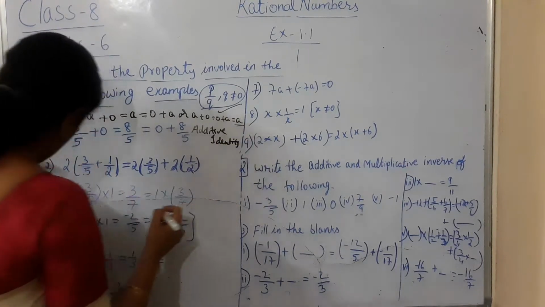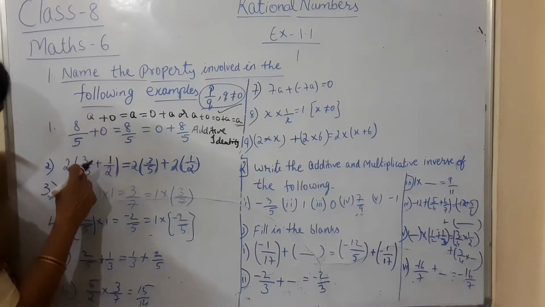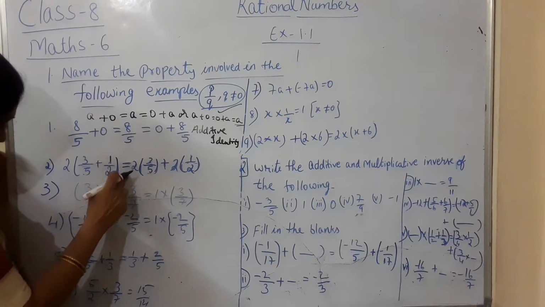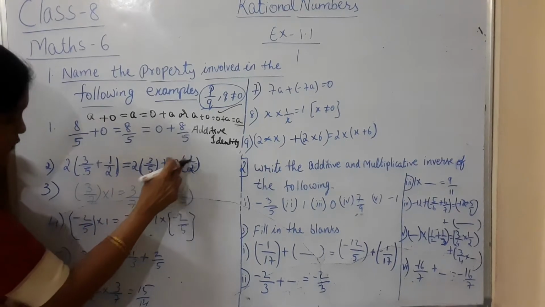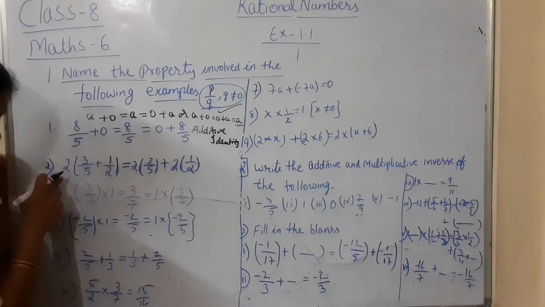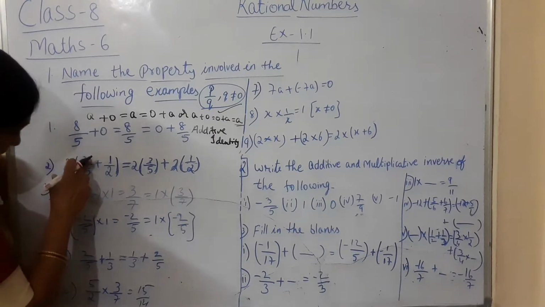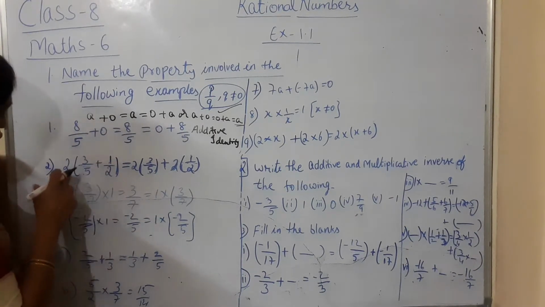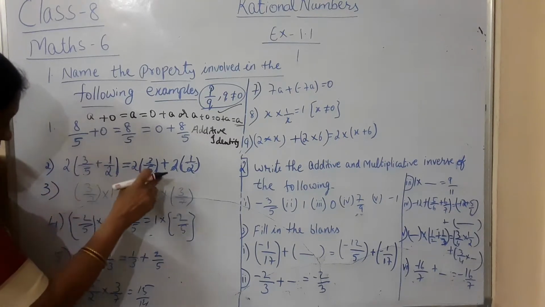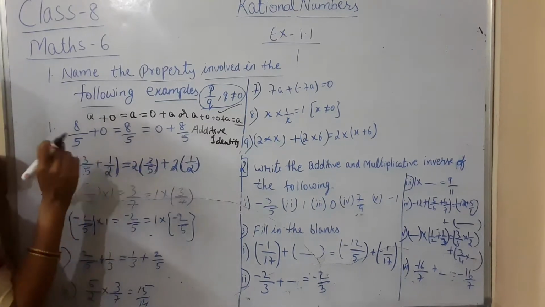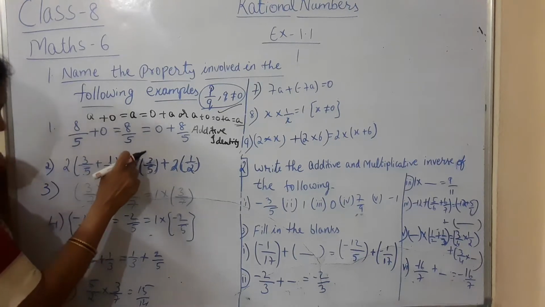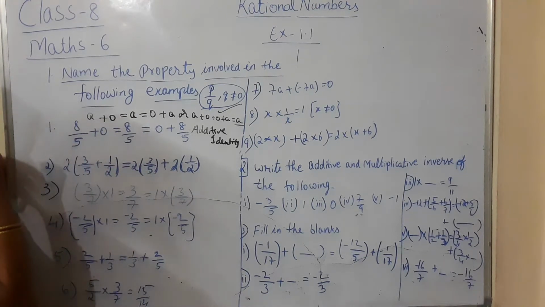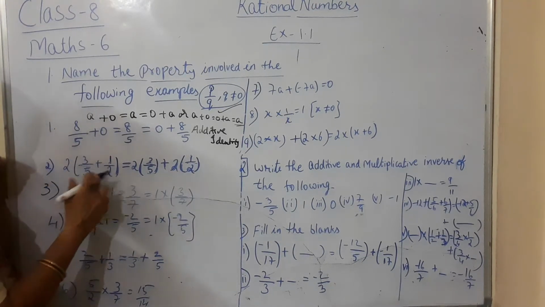Next one, 2 of 3 by 5 plus 1 by 3 is equal to 2 into 3 by 5 plus 2 into 1 by 3. Here this 2 is being multiplied with the two fractions within the bracket. You read this as into; it means a product. So this 2 is distributed over these two fractions.